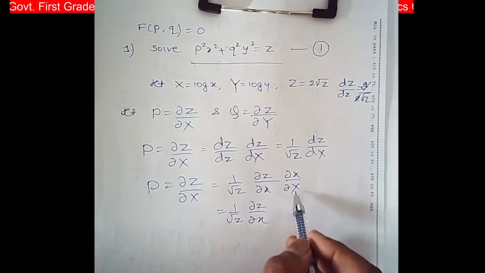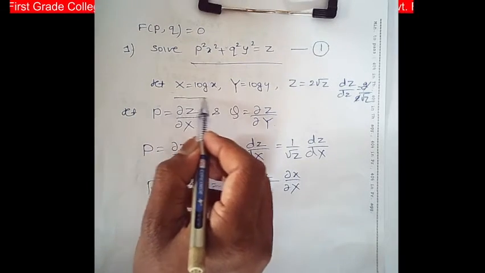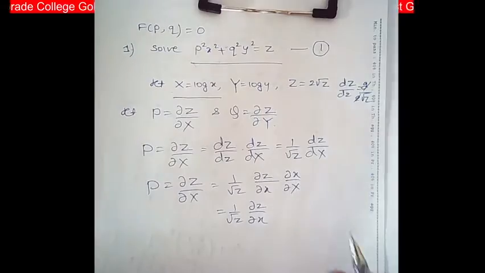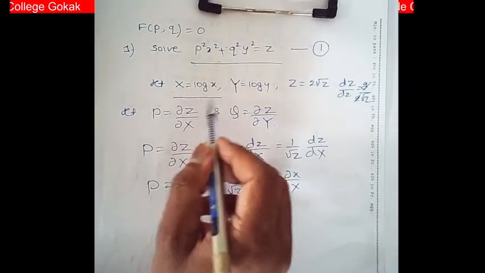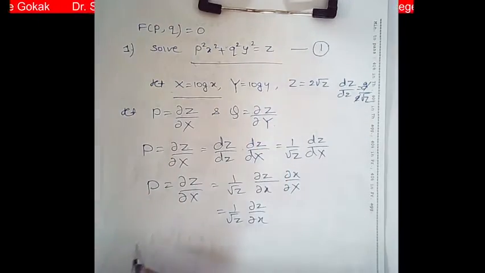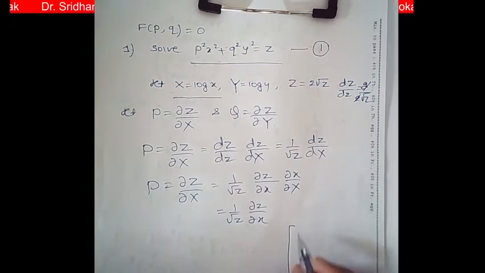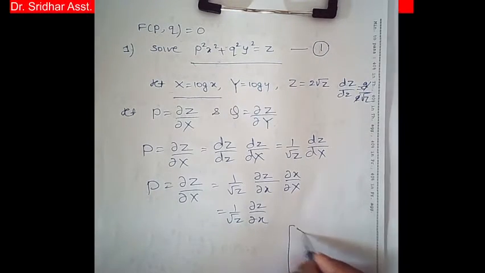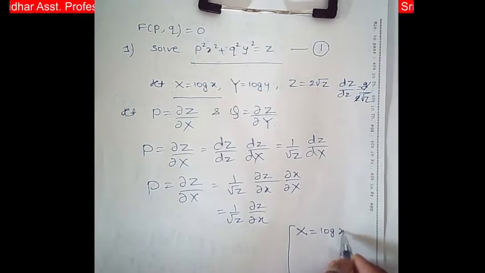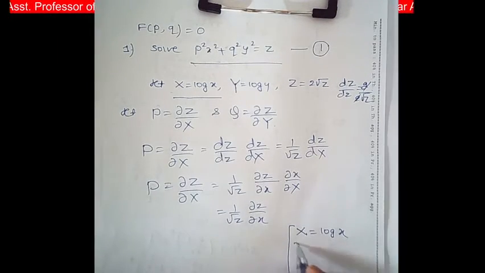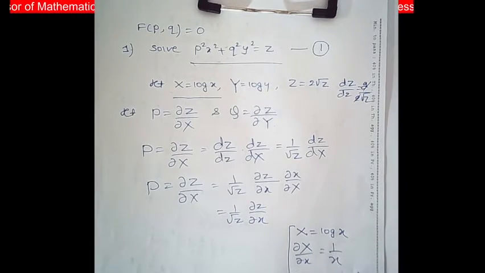Now dou small x by dou capital X from this equation. Okay, differentiate this with respect to capital X. So differentiating this with respect to capital X, what we get? So here I will write capital X is equal to log x. Now differentiating, dou X by dou x is equal to 1 by x, or dou x by dou X is equal to x.